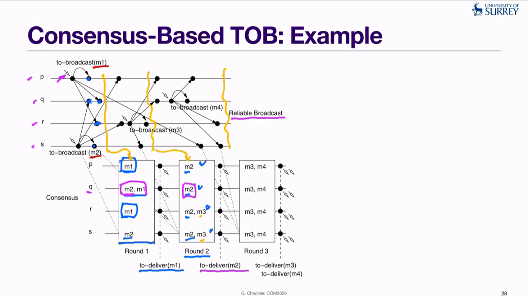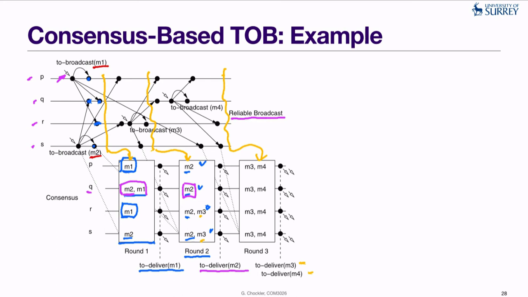This is round 1, and this is round 3. So in round 3 we get M3 everywhere, M4 everywhere, and then the decision in this case can only be M3, M4 by the properties of consensus, and for that reason both M3 and M4 can be delivered in this case.